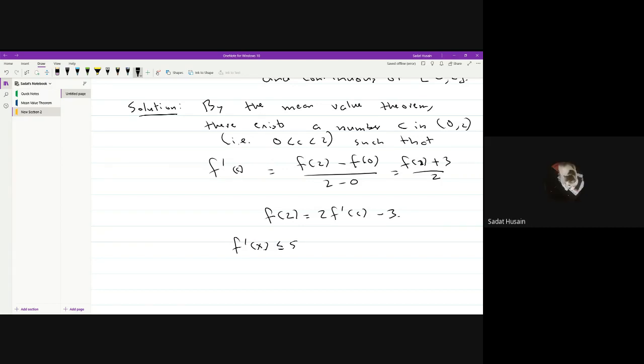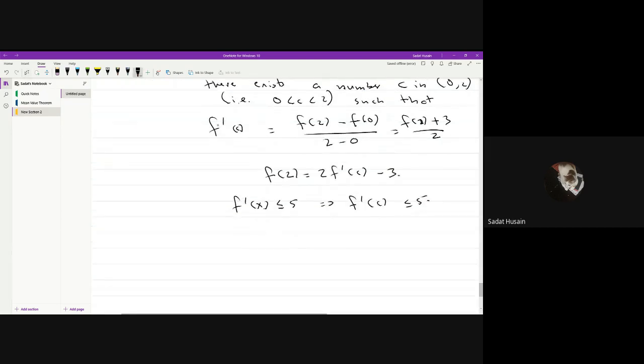This is given in the question. So we know that f prime of c also has to be less than or equal to 5.